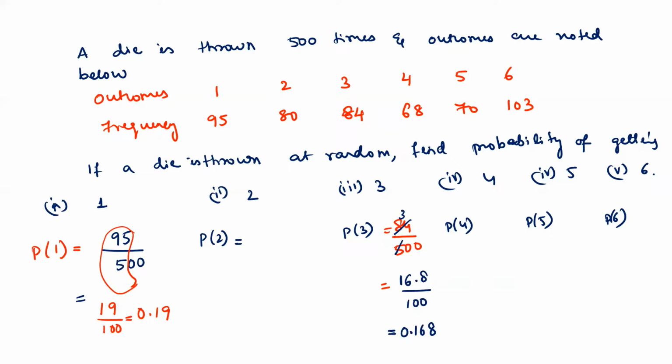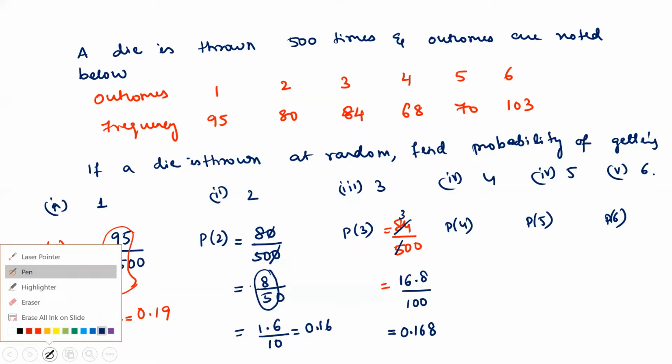What about the probability of 2? What are you getting? 80 by 500, so I will take it as 8 by 50 and divide. I'll get 0.16.